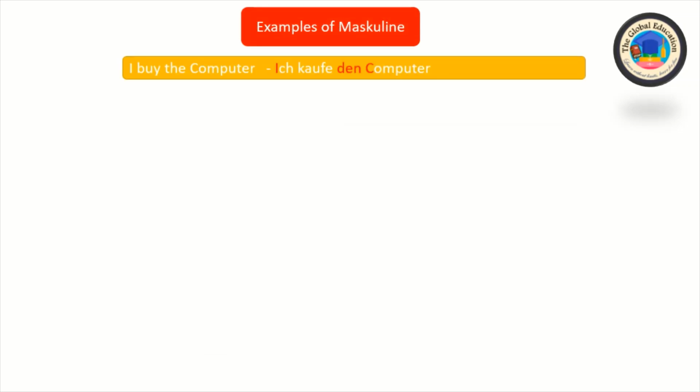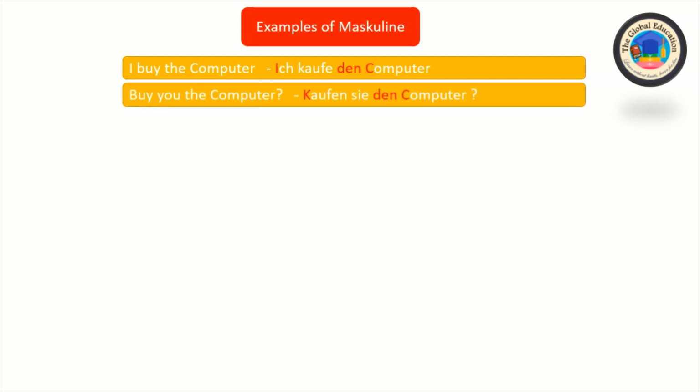Now also an example of masculine: I buy the computer. Ich kaufe den Computer. So here computer has the article der, and we use kaufe. It means accusative form. So there der turns into den. So den Computer. Do you buy the computer? Kaufen Sie den Computer?